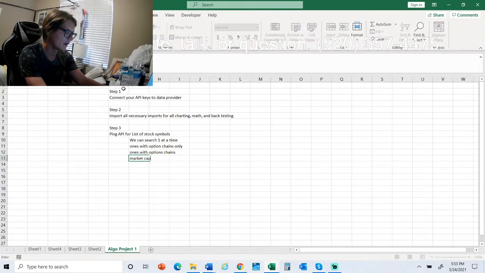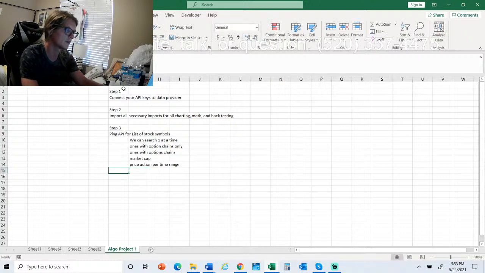A market cap, price action per time range. I think that's good enough.